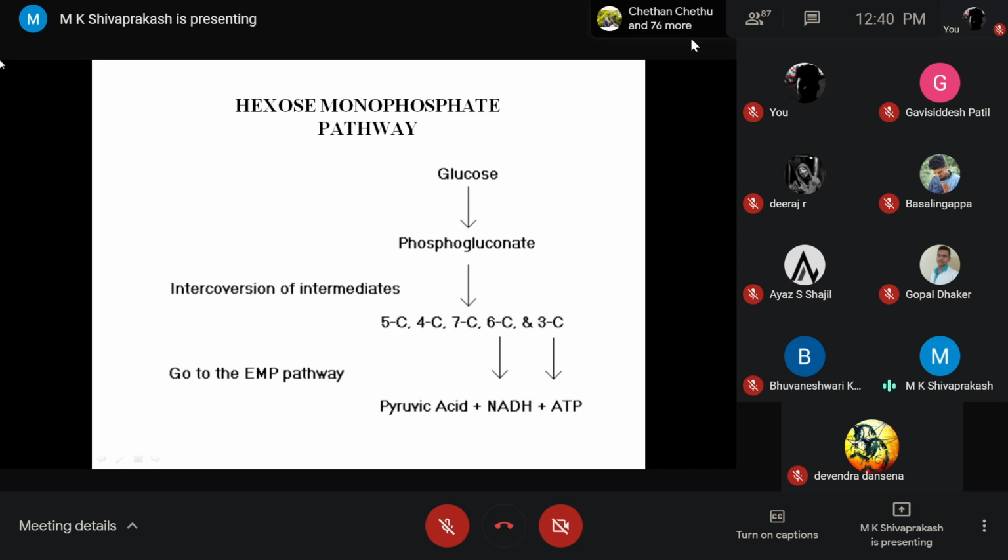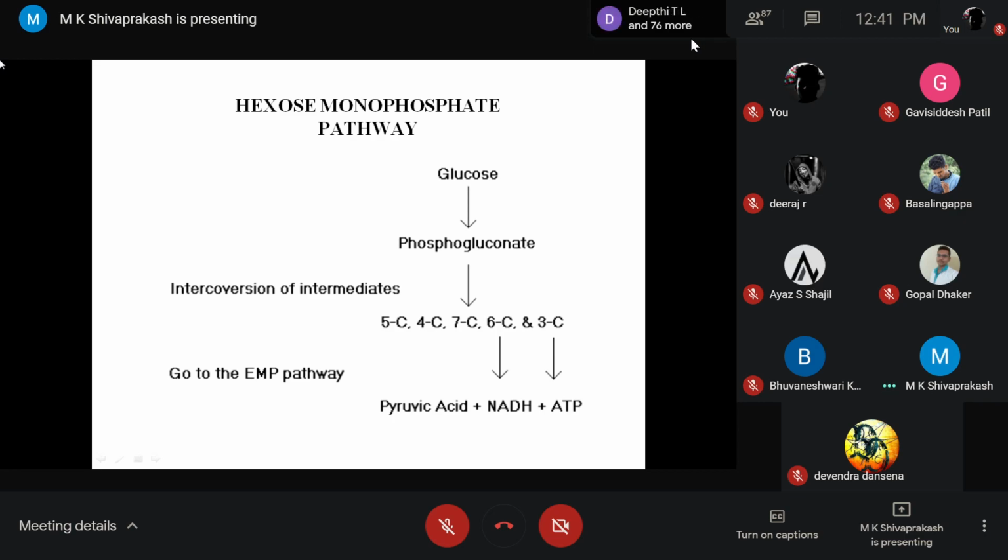But here it is slightly different from the classic EMP pathway in that when glucose gets converted, intermediates are produced. You can refer to the pathway in microbiology books or search on Google; it is available.